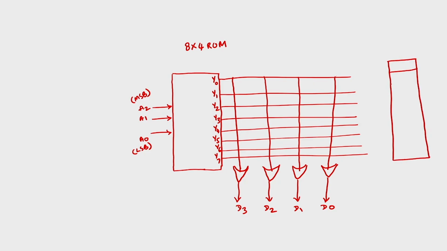These are 8 locations. So, in the location 0, 0, 0, A2, A1, A0, these bits, here I am going to store D3, D2, D1, D0, 4 bits.